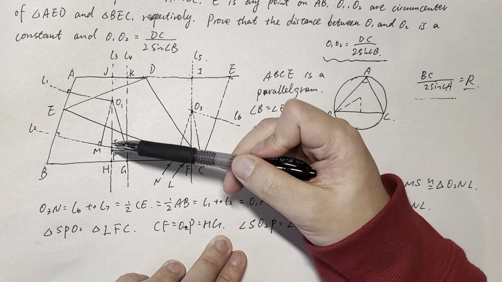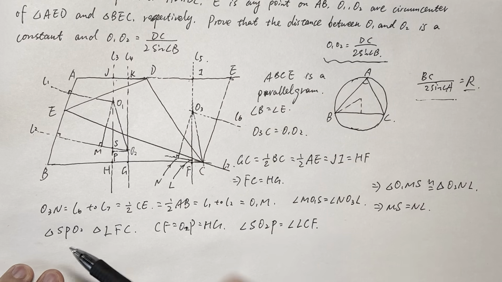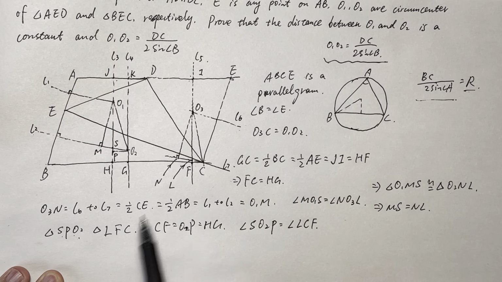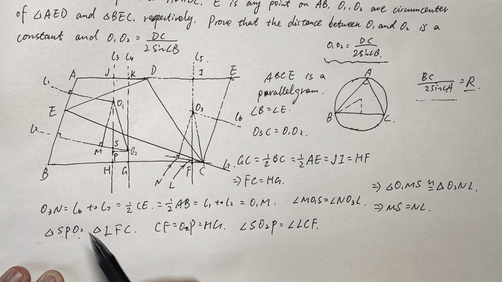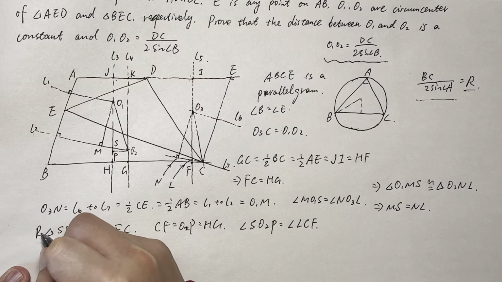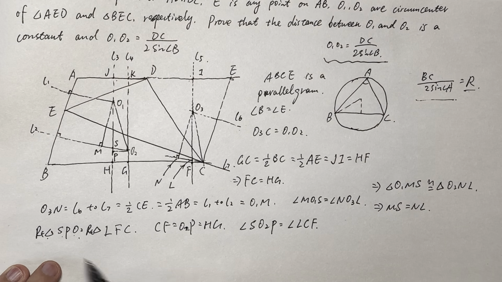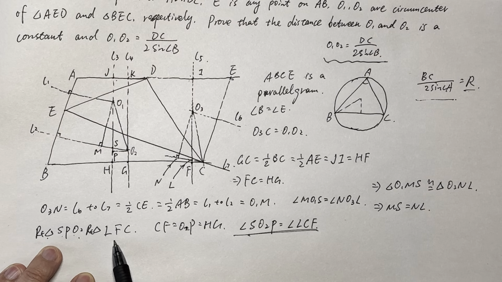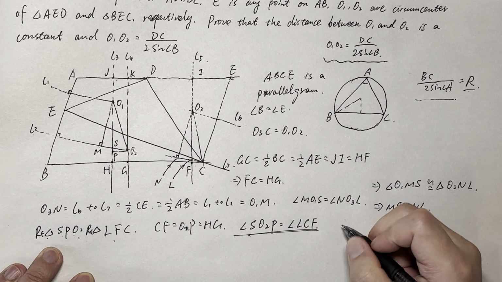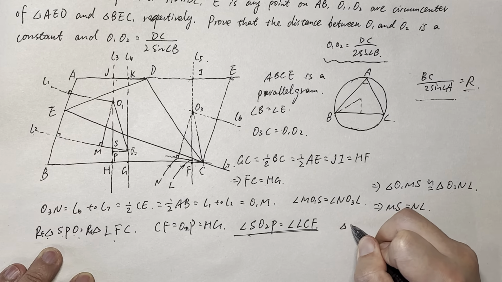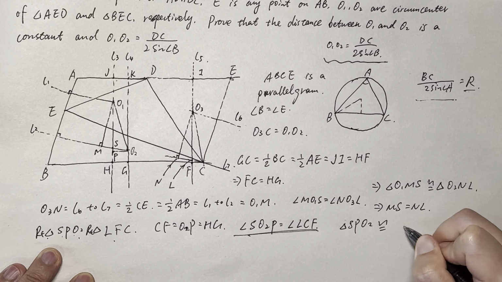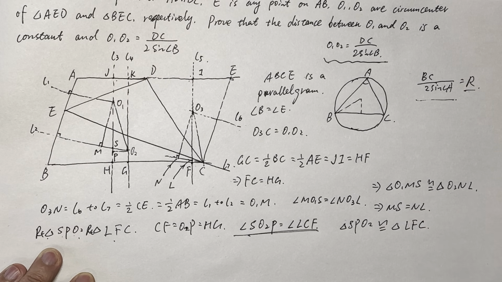And also triangle SPO2 and triangle LFC are both right triangles, right? So from this one, we know these two triangles are similar, and from this one, we know they are actually congruent. So triangle SPO2 is congruent to triangle LFC.